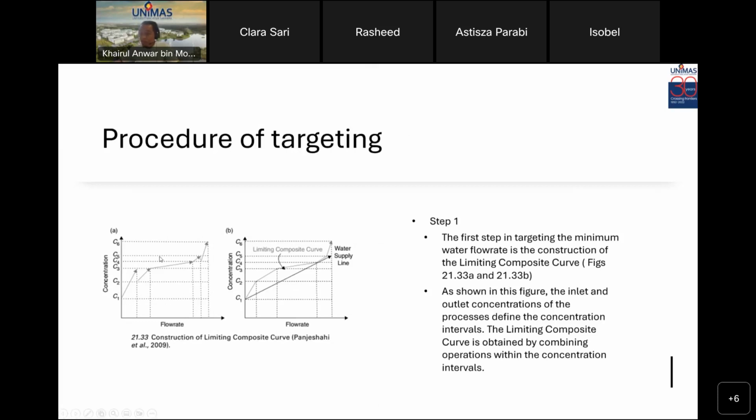How to construct this, refer to the previous session. As shown in the figure, the inlet and outlet concentration of the process define the concentration intervals. So how do we know the inlet and outlet from the process or PFD, process flow diagram, or anything that has that data.